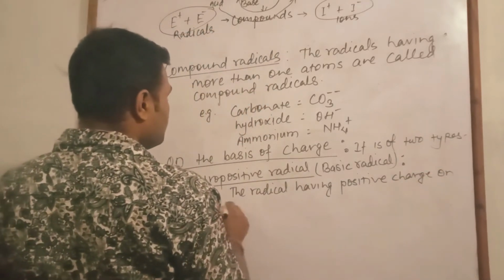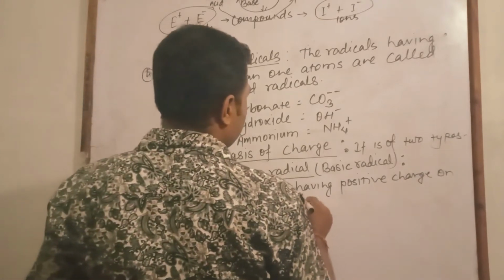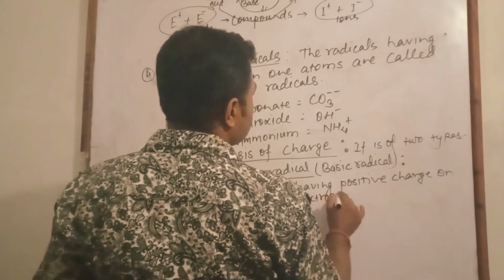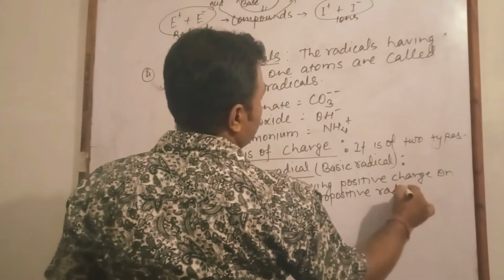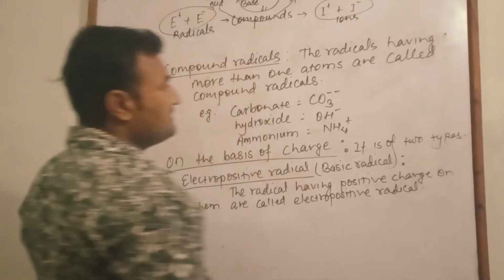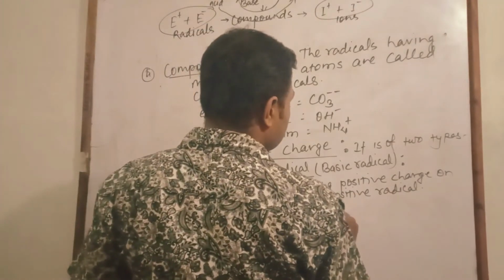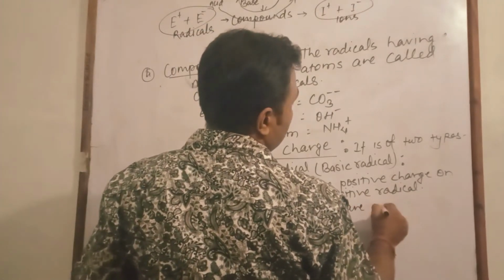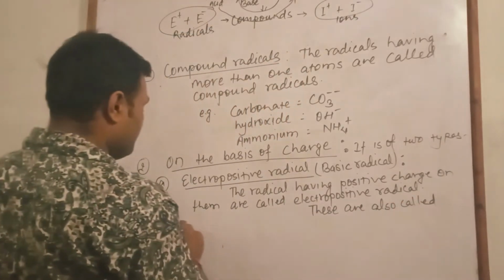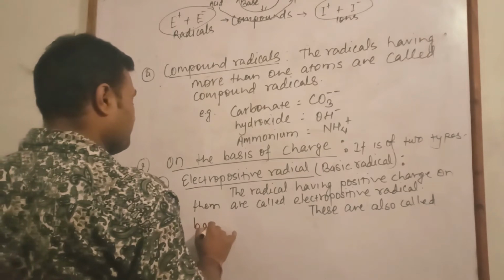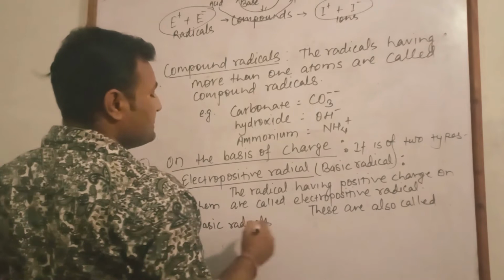Radicals having positive charge on them are called electropositive radicals. These are also known by the name of basic radicals. Why are they called basic radicals?